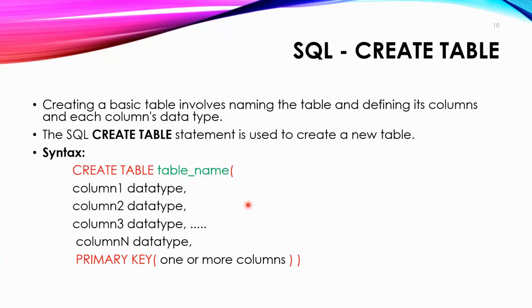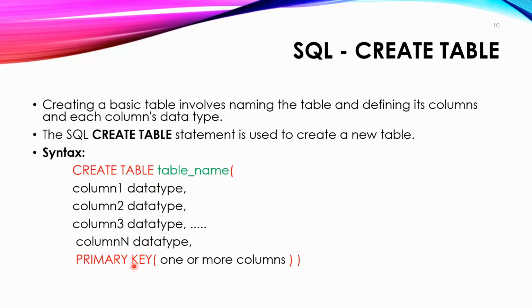When you are to create a table, here again you have a set of statements to be followed. The first statement you are going to use is create table, and there's a syntax given here. You have to write the create table statement, and then you can give any name you like, and then within the brackets you give your column names, column 1, column 2, column 3, up to the number of columns you wish to, and at the same time you have to mention the data type of your columns, right?